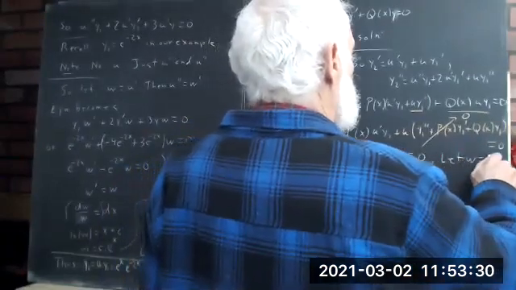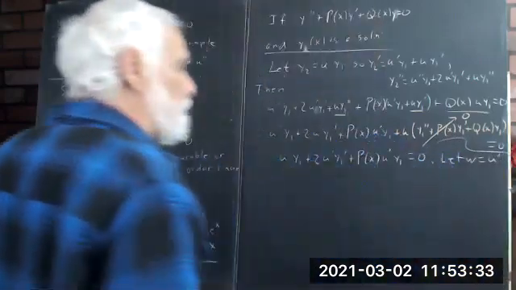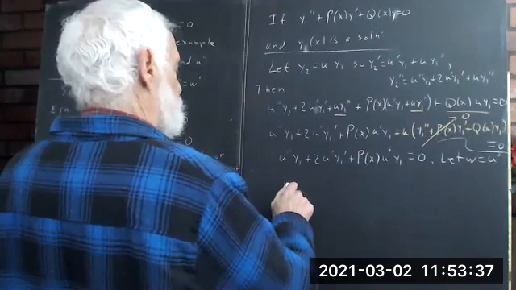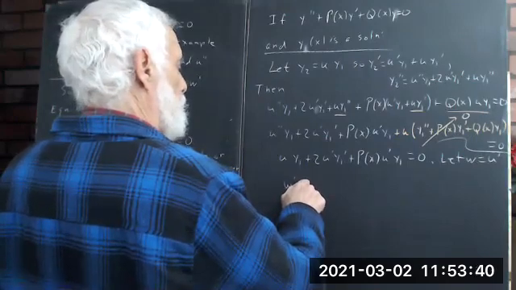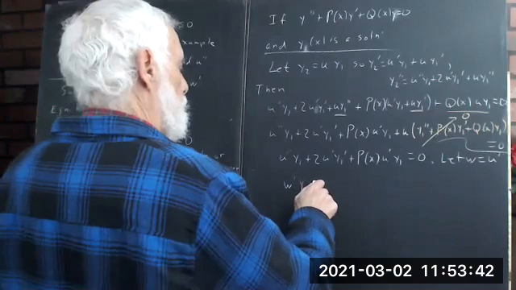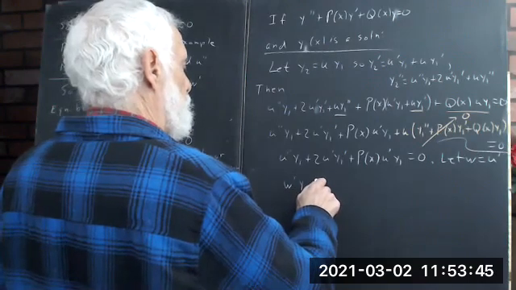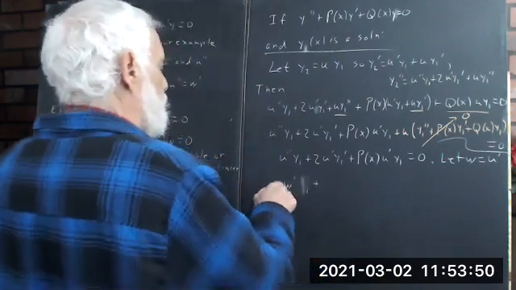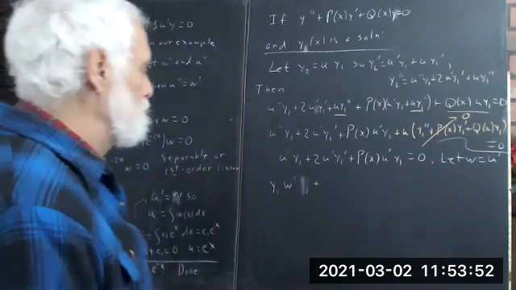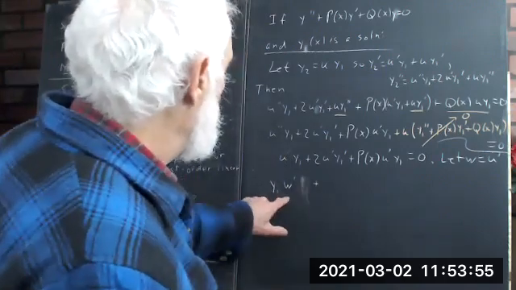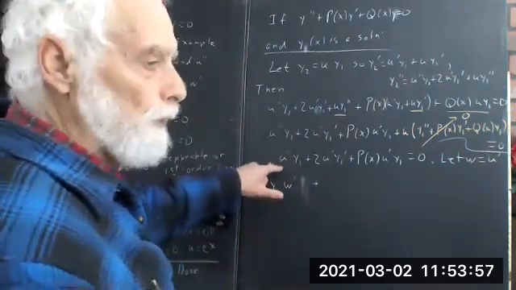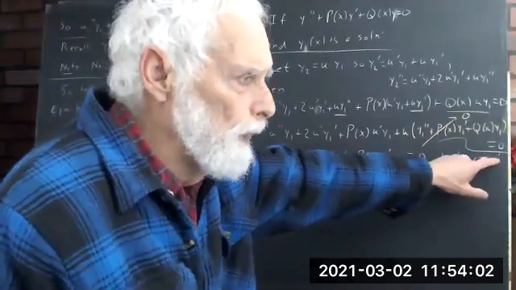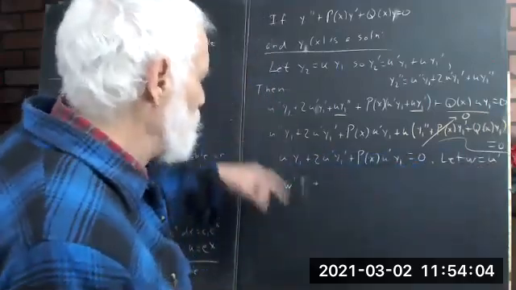So again, we're going to let w equal u prime, and we get y1 w prime, using the commutative law, because w prime is u double prime.